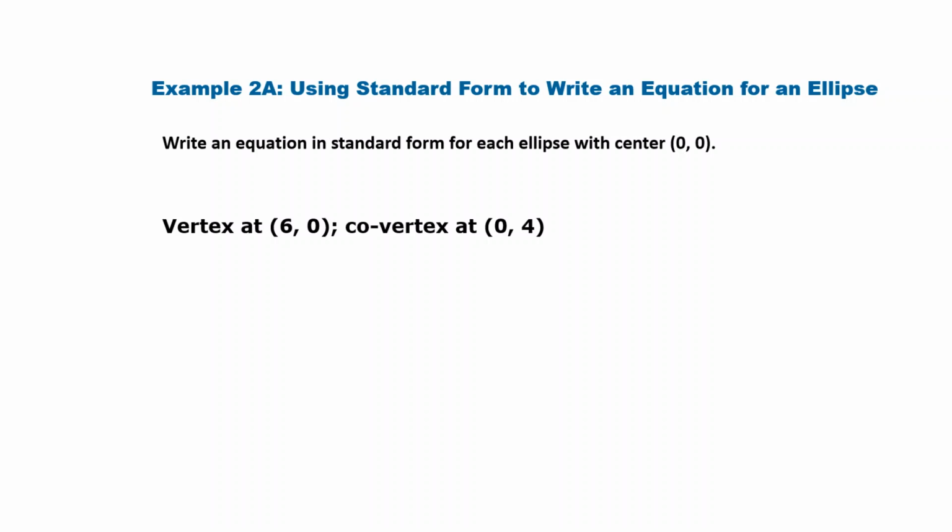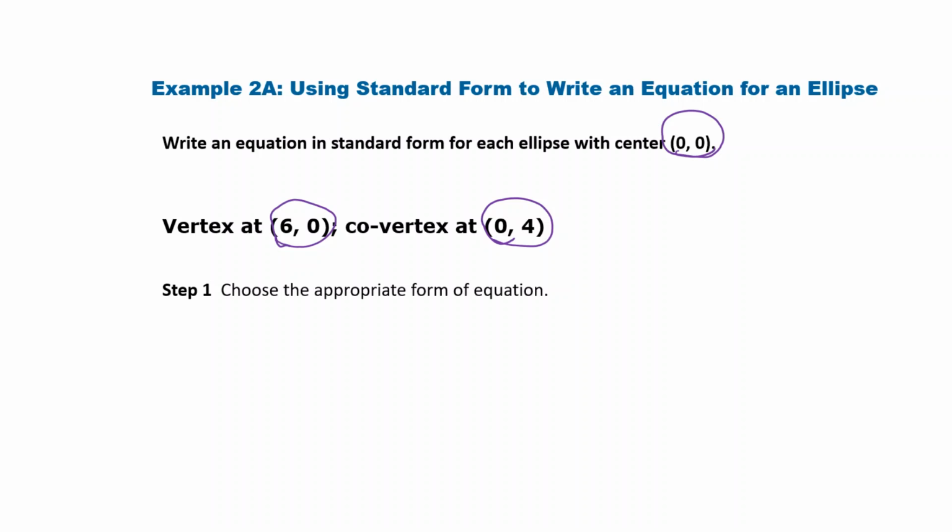All right, so let's do an example here. Using the standard form, remember we just saw the standard form, to write an equation for an ellipse. So we're going to write an equation in standard form for an ellipse with a center at (0, 0), a vertex at (6, 0), and a co-vertex at (0, 4). So let's think about what that's going to mean. So step one, we're going to have to choose the appropriate form of the equation.